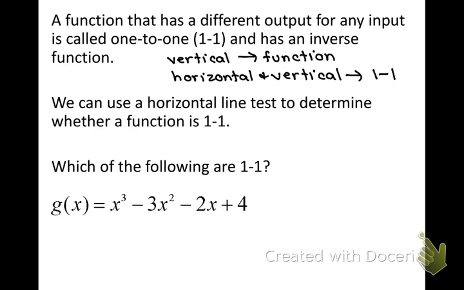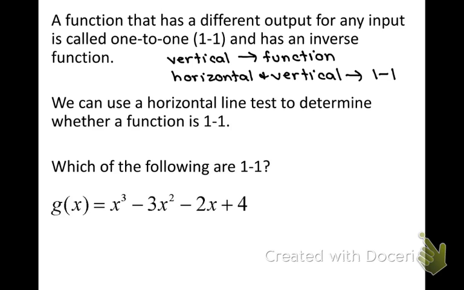Couple things to make note of so far. When we talk about functions and their inverses, we're going to find that not every function has an inverse. And we're going to find that all one-to-one functions do have inverses. So that's a couple little side notes to be aware of.